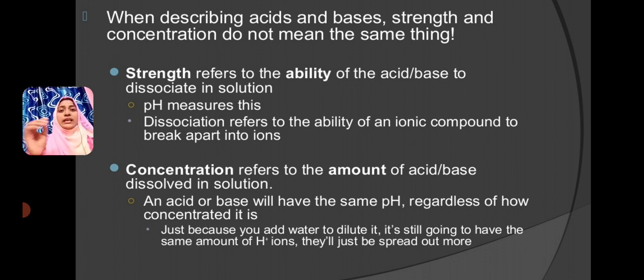So, here pH measures such things, the strength. Dissociation refers to the ability of an ionic compound to break apart into ions. In a previous slide I have shown you how the acid dissociates in the water.